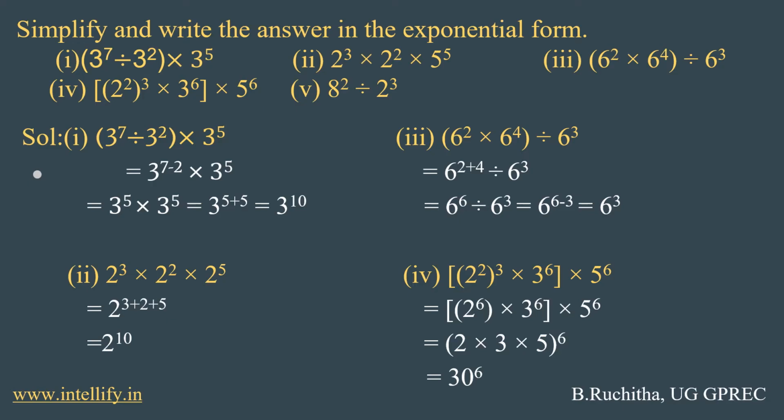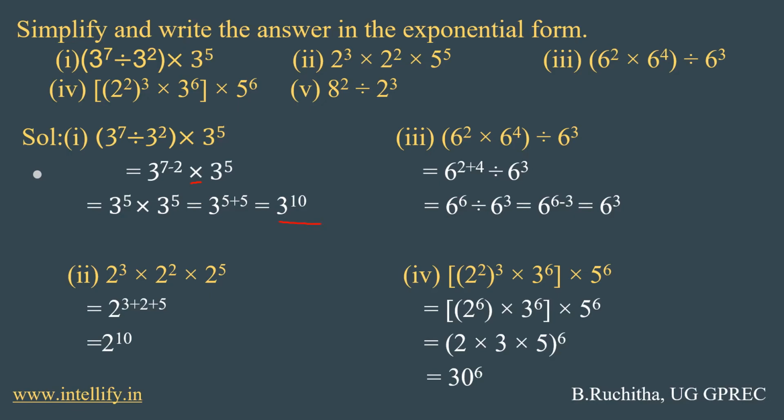If bases are the same and they are dividing, their exponents should be subtracted, right? So we can write it as 3 power 7 minus 2 into 3 power 5. Here their bases are common and they are multiplying, so we can add their exponents. So we can write 3 power 5 plus 5, that is 3 power 10.